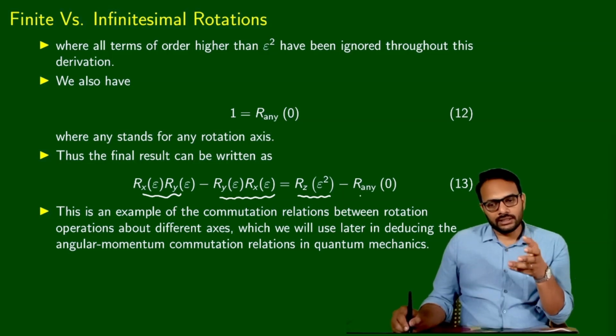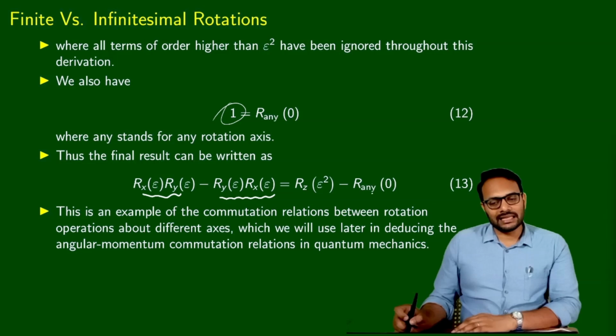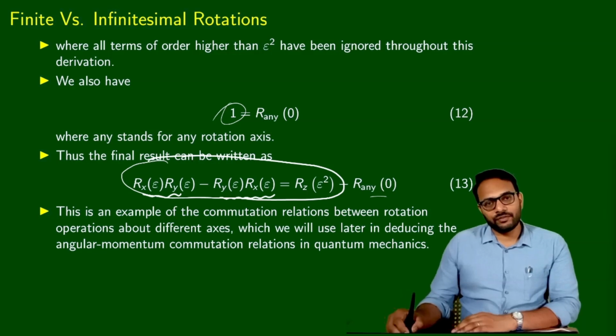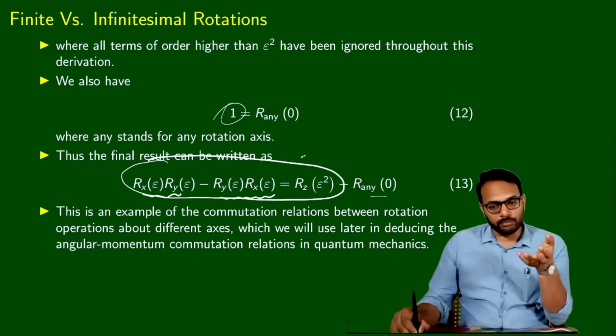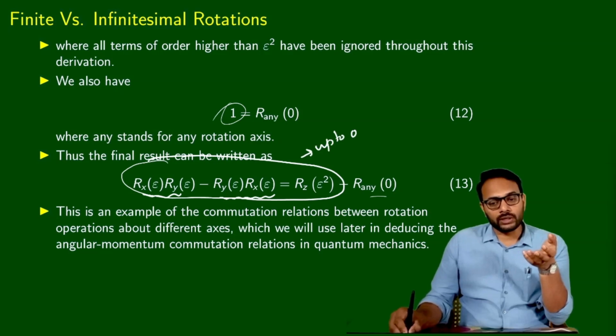We have the exact way in which rotation matrices fail to commute, or rotations about different axes fail to commute, up to order epsilon square.